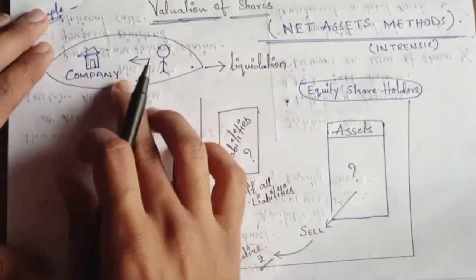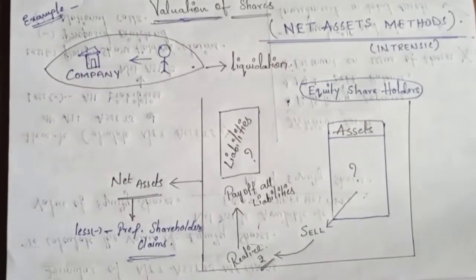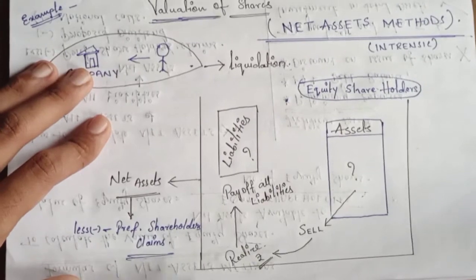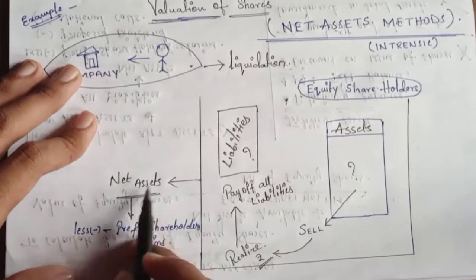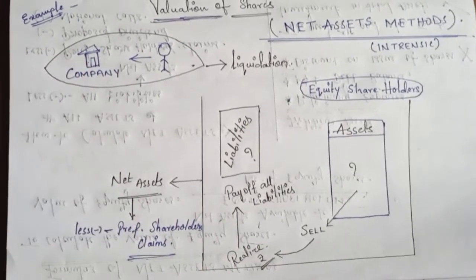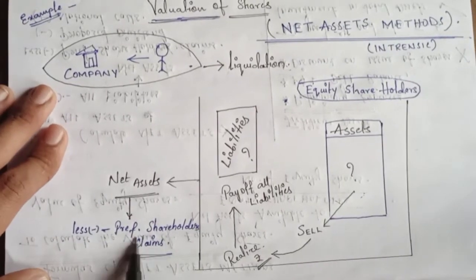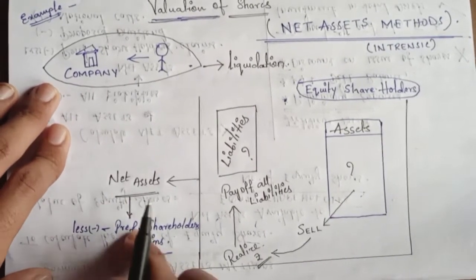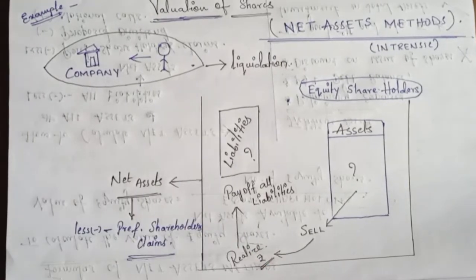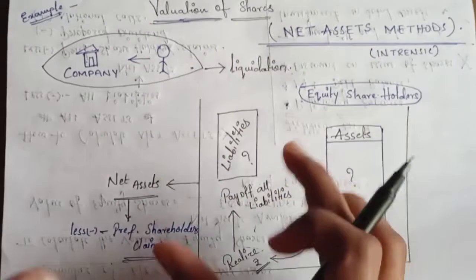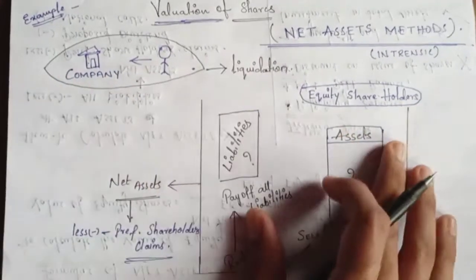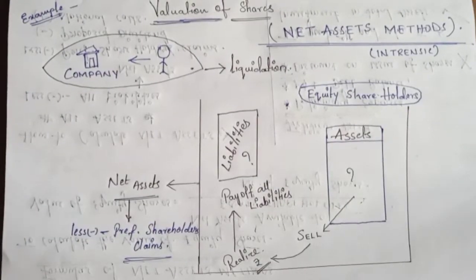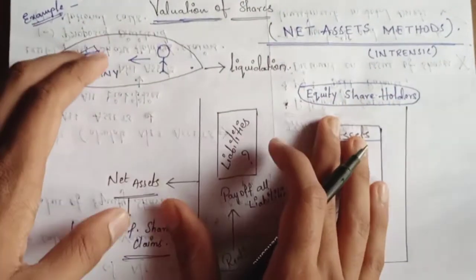So if there are preference shareholders in your company, whatever claim they have, we have to deduct that claim from the net assets. And then you will get the pure net assets of equity shareholders, right? Clear? So this is the concept of the net asset method.